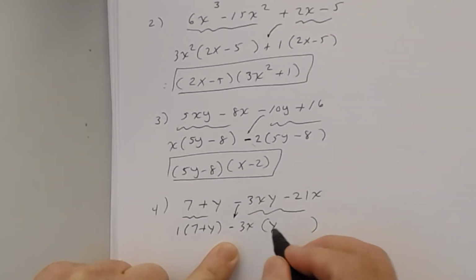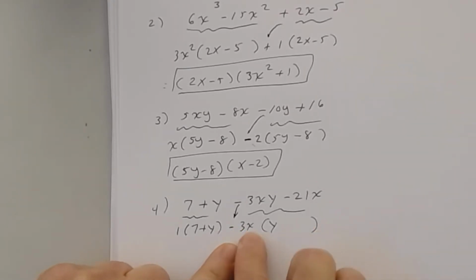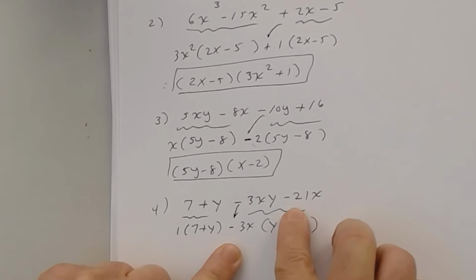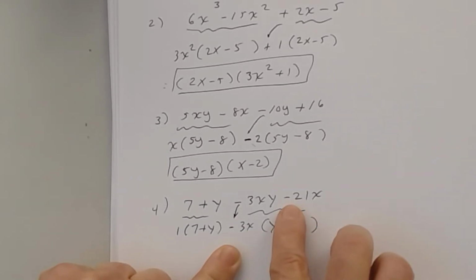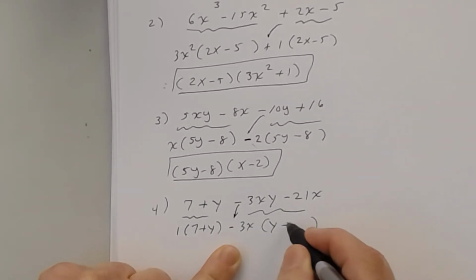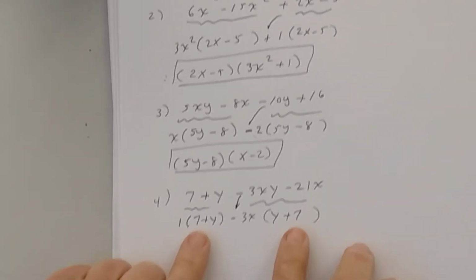A negative 3x times what is a negative 21x? Plus 7, not minus, because a negative times a negative is a positive. So it has to be plus 7.